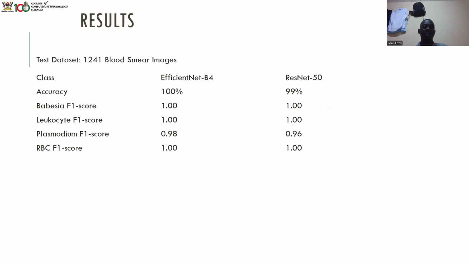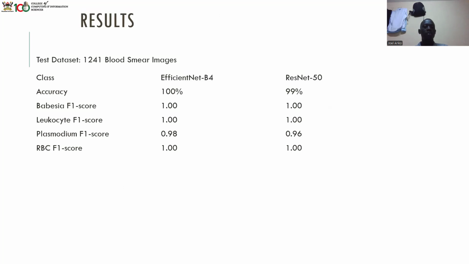Then there was a slight decrease in the Plasmodium F1 score, where the EfficientNet B4 slightly scored above the ResNet. As you're seeing, the value for the EfficientNet B4 was 0.98, then for the ResNet it was 0.96. Then for the red blood cells, the F1 score, all of them scored the same, meaning they all performed perfectly.